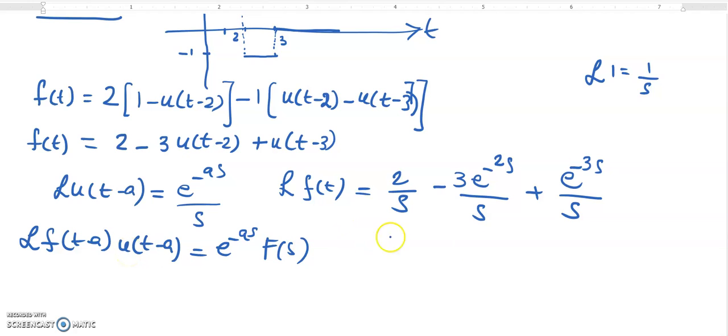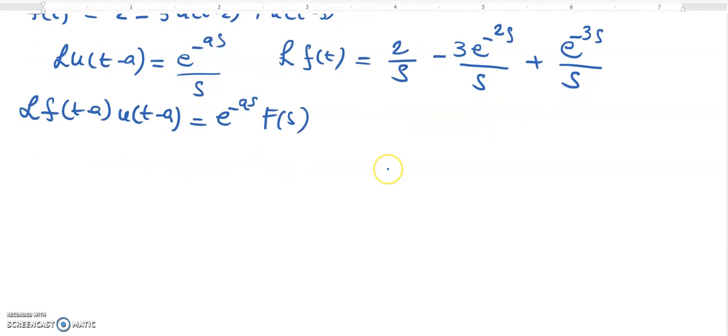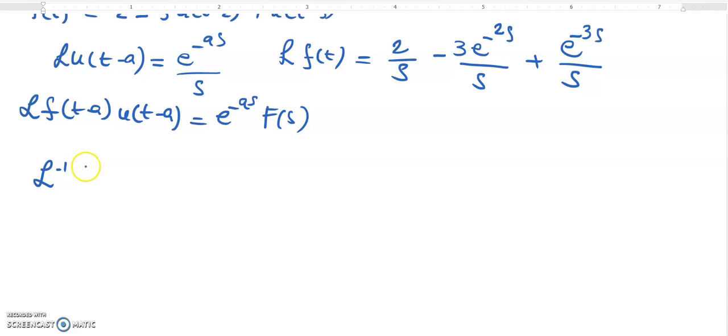Okay. So next let's look at some of the simplification for the inverse transforms. Let's see if we want to find the inverse Laplace transform of e power minus 2s over s minus 4. This formula we can write in the form of the Laplace inverse transform.